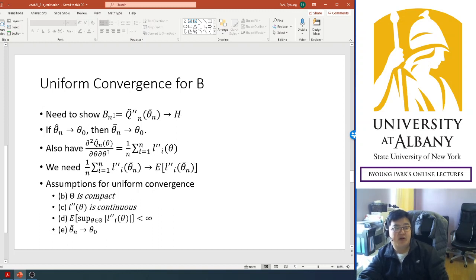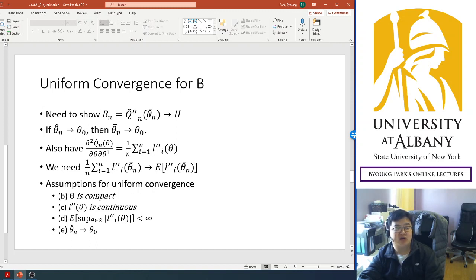As I said, the problem here is that it is a composite sequence. There are two sequences. The first is a sequence of functions, and the second is a sequence of vectors, parameters. And the parameter is easy to handle.